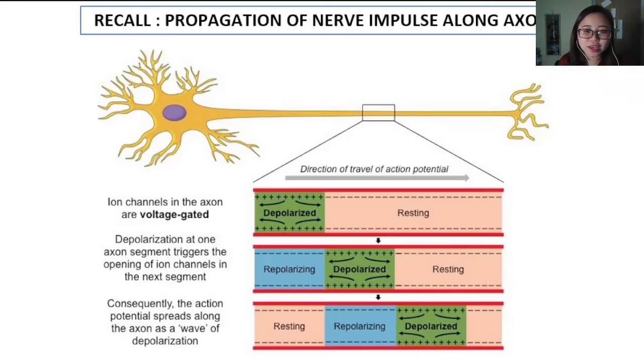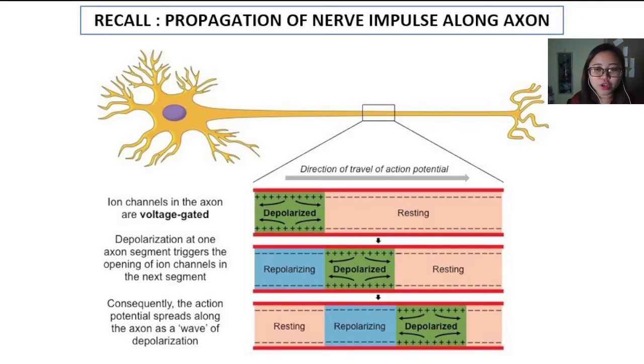So just as a recall, okay, just to refresh what you know, this is the propagation of nerve impulse along an axon. Nerve impulse will be transmitted in one direction, so from here, from the cell body towards the synaptic terminals. We start by ion channels in the axon that are voltage gated. They will depolarize.